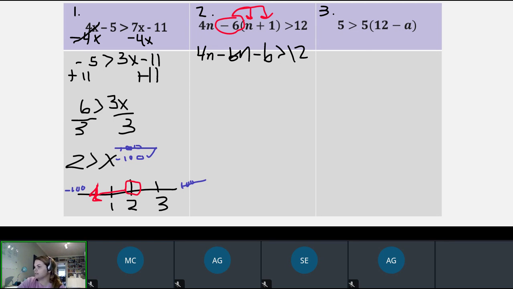All right. Anybody got the next step? So we want to make sure that we combine our like terms, and this time our n is on the same side. So we can just go ahead and subtract. So 4n minus 6n, that's going to become negative 2n minus 6 is greater than 12.